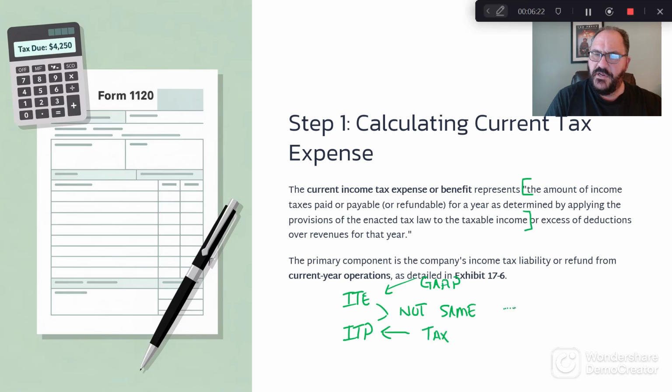And this plug right here, this is either the deferred tax asset or the deferred tax liability, depending upon how it works. So that's what brings the two together. This is what it shows on your financial statements, and this is what the government actually wants. When you have deferred tax assets and deferred tax liabilities, they're going to be different. This is what it shows on your financial stuff. This is what you got to pay the government.